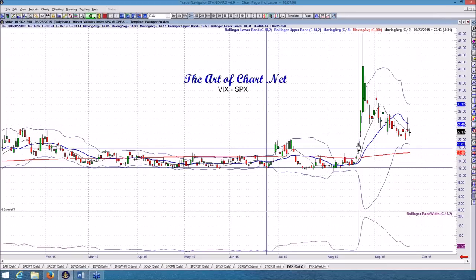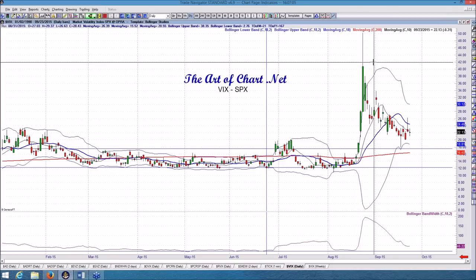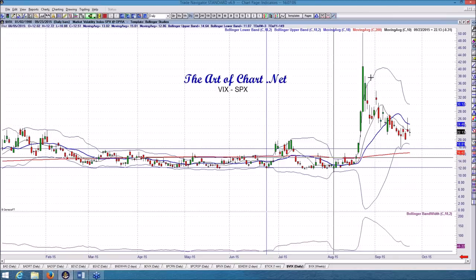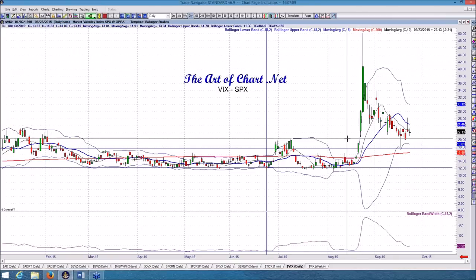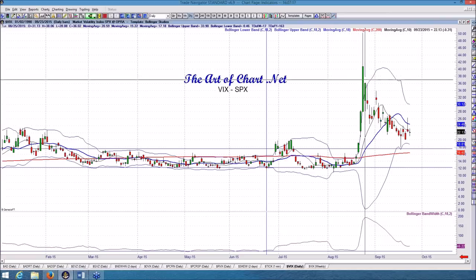If you're stuck between the second and third standard deviation Bollinger Bands, price is going to run between those two channels on the VIX and also on the S&P, on ES, and on oil. Most instruments, if you get between the second and third standard deviation Bollinger Bands, it goes.